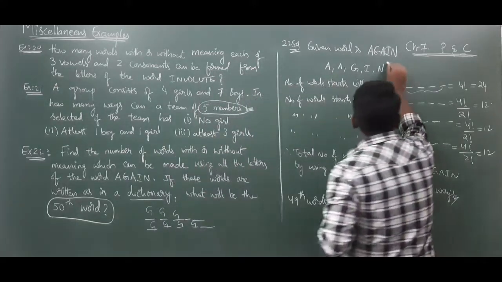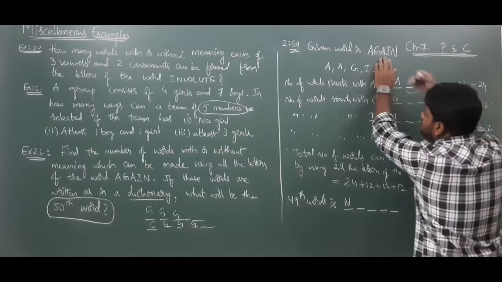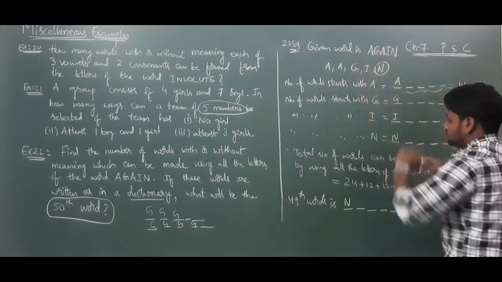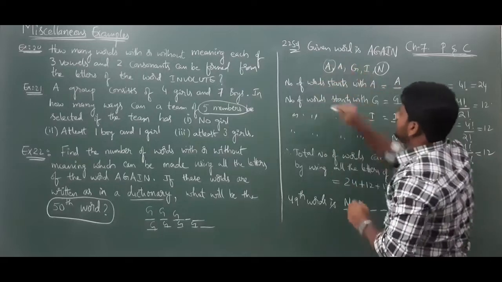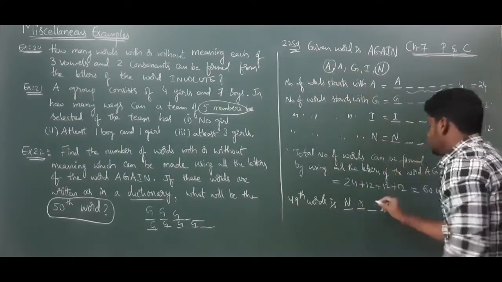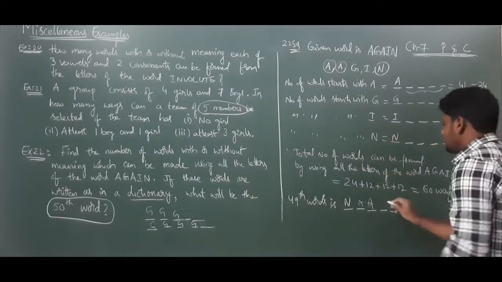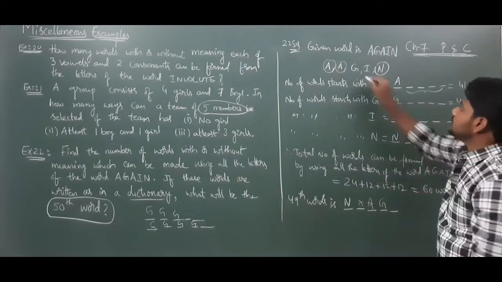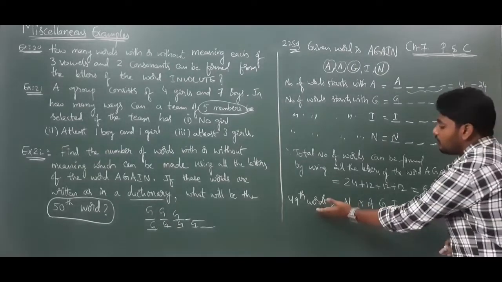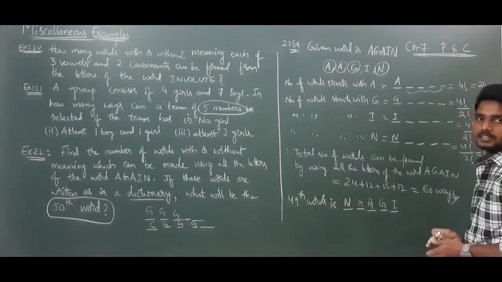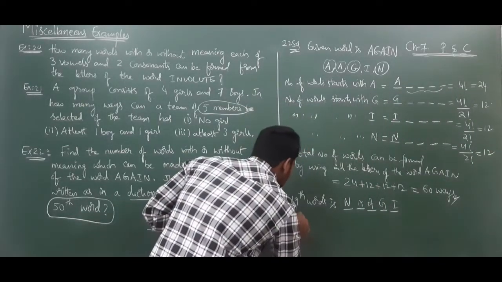If N is fixed, what should be the alphabetical order? A. If A is also over, next alphabetical order is G. If G is also over, next alphabetical order is I. That means the 49th word is NAGI. 49th word is NAGI. Next, the 50th word.